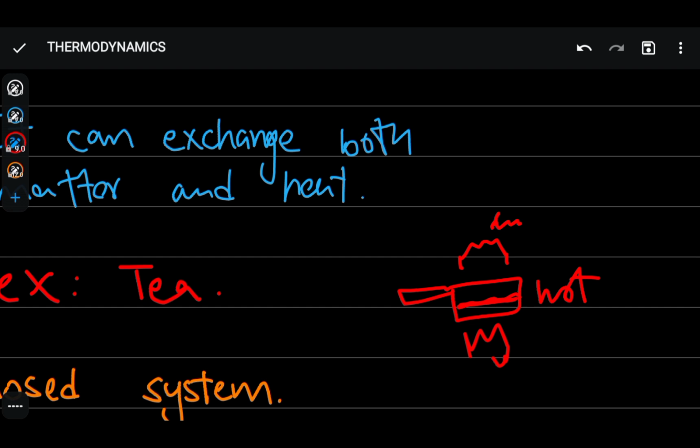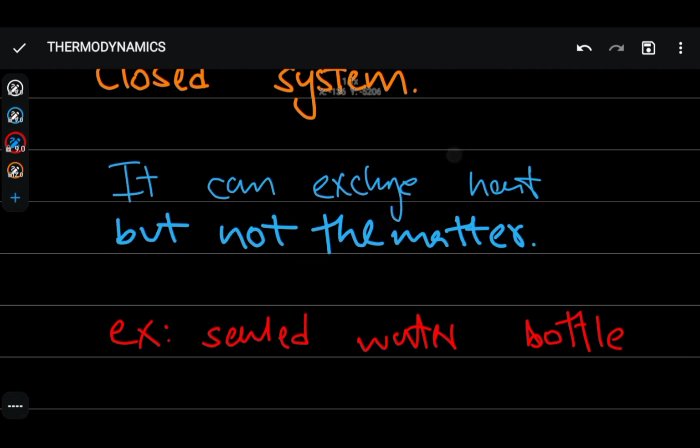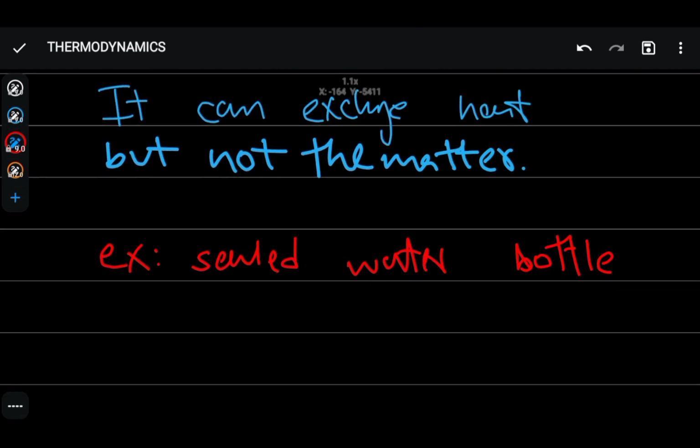While in a closed system, a sealed water bottle, if you have placed the water bottle in the refrigerator, only the water will get cold. As it's closed, the air cannot get inside the water bottle, so it can exchange heat but not the matter. The matter cannot be exchanged because no type of matter is getting inside the bottle as it's sealed.